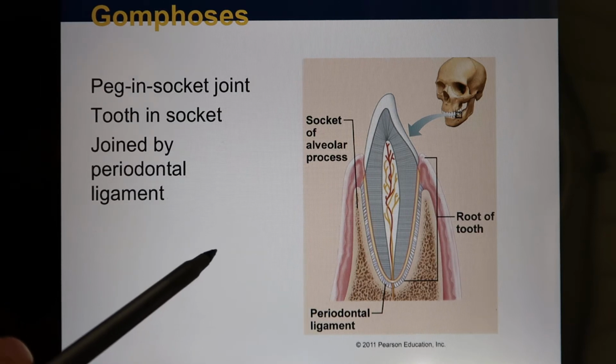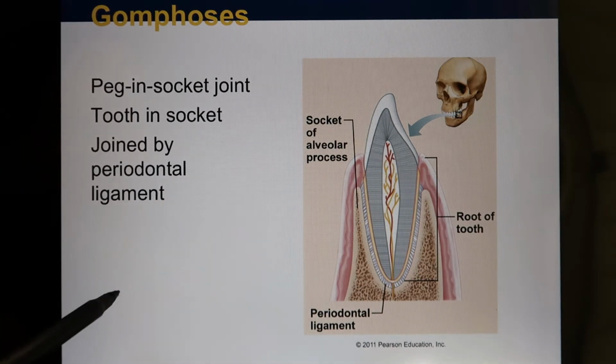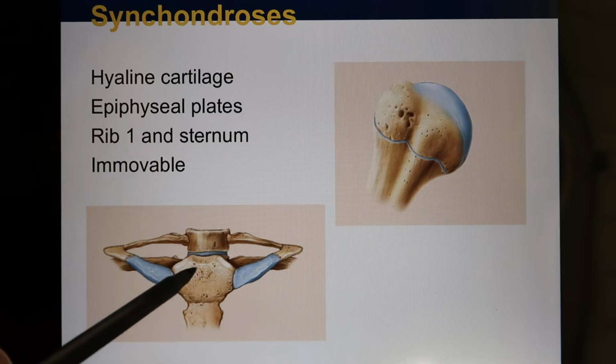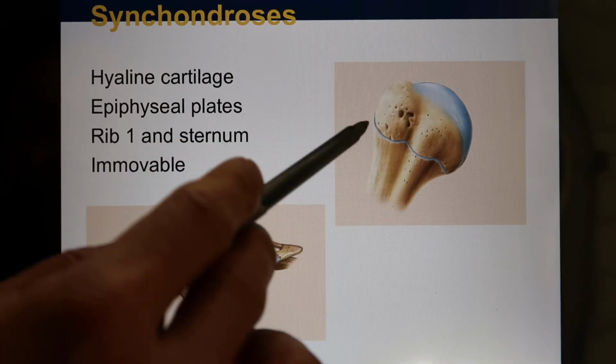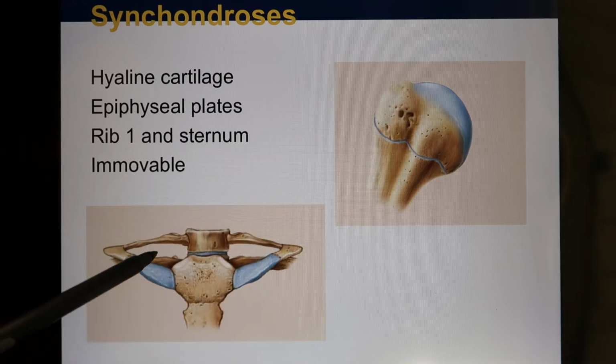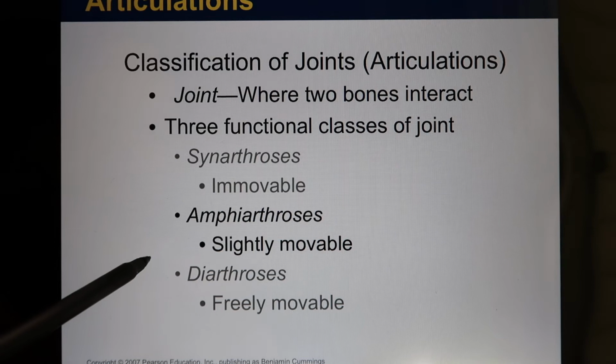The gomphosis, the peg-in-socket joint, like your teeth, that's another example. The synchondrosis, you use hyaline cartilage in a joint, like your epiphyseal plate and rib 1 and sternum, is immovable. Amphiarthrosis, that's the slightly movable one.